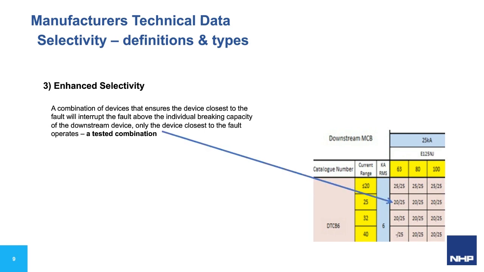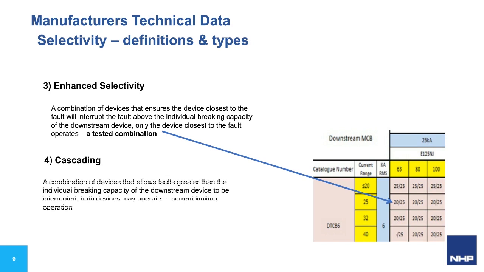These tables state the maximum level of fault for which the breakers will display a particular behavior. Where both selectivity and cascade levels are shown as the same figure, this simply means that this is the maximum permissible level that this combination of devices has been successfully tested to. The expected behavior is selectivity between the devices.